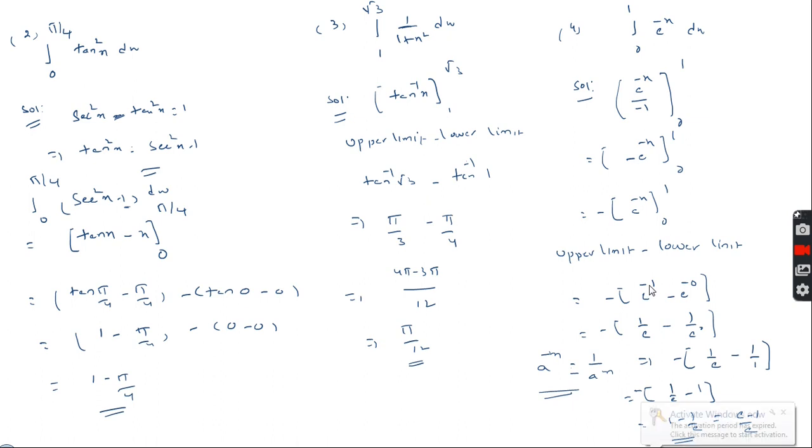Similarly, e power minus 1 can be written as 1 by e, and e power minus 0 is 1 by e power 0. So that is 1 by e minus e power 0. The value of e power 0 is 1, and we get minus of (1 by e minus 1). After simplification, we get 1 minus 1 by e. And here the LCM is e, we get e minus 1 by e.